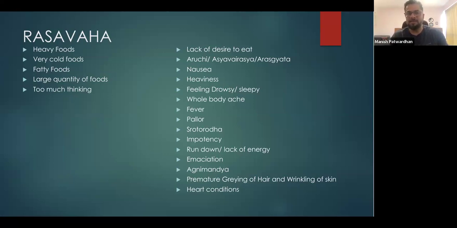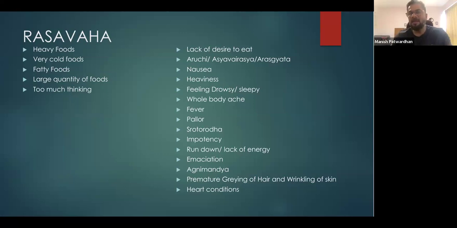Rasavasrotas gets disturbed mainly because of causative factors which cause ama formation in the body. If you look at the causative factors: heavy food, cold foods, fatty foods, large quantity of food, ama formation. The last one is slightly different, which is excessive thinking.